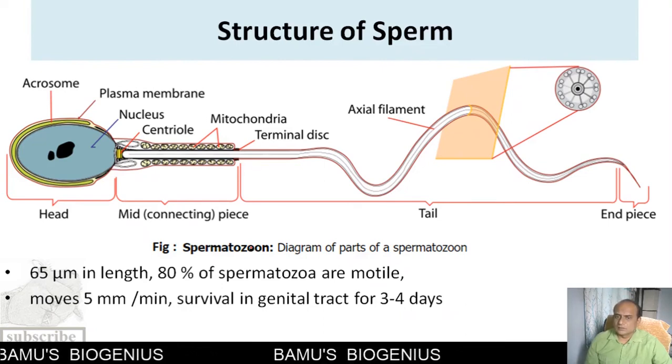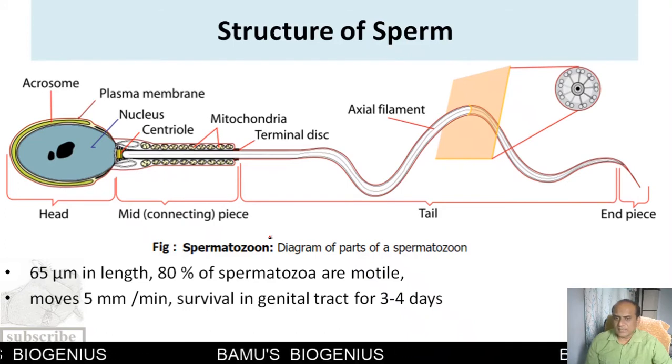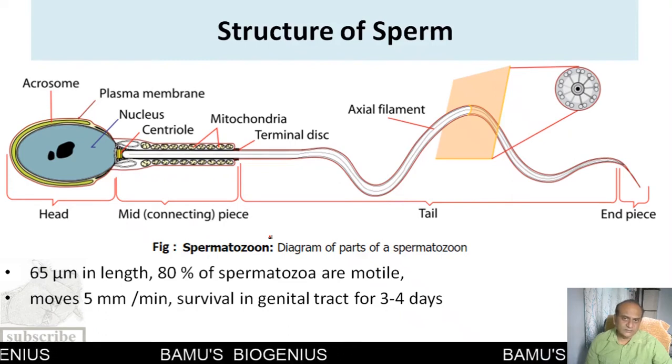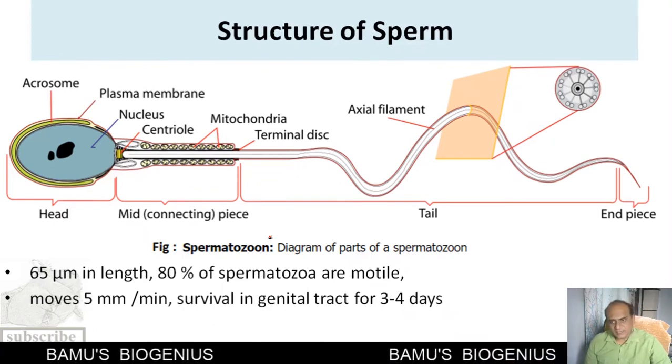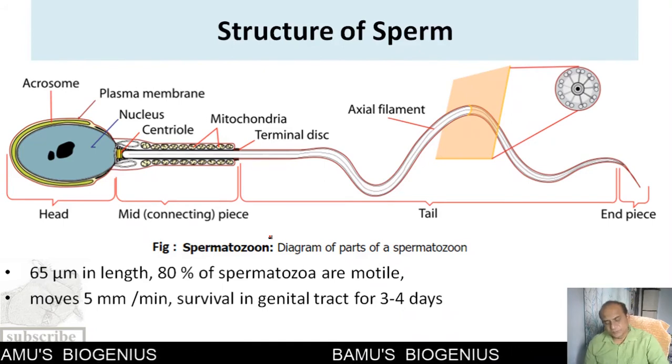The survival time of these sperms is about 3 to 4 days. Within 3 to 4 days, these sperms will die. So this is all about the structure of a sperm.